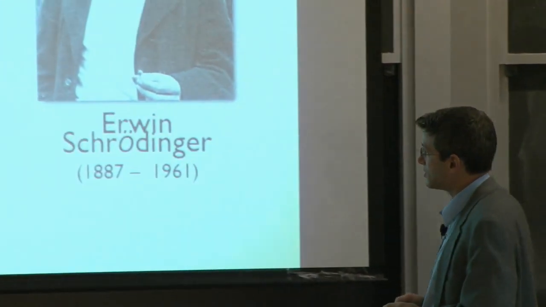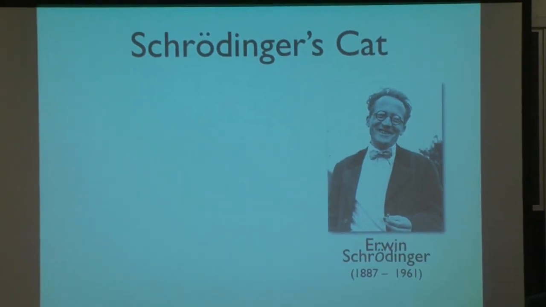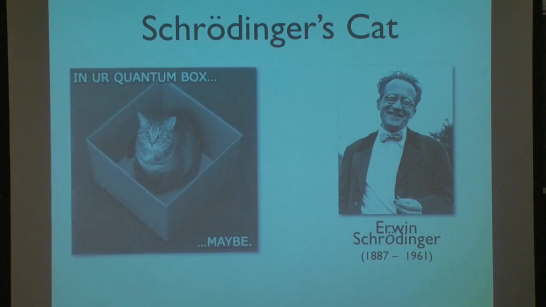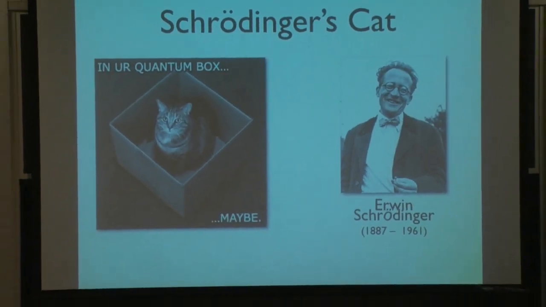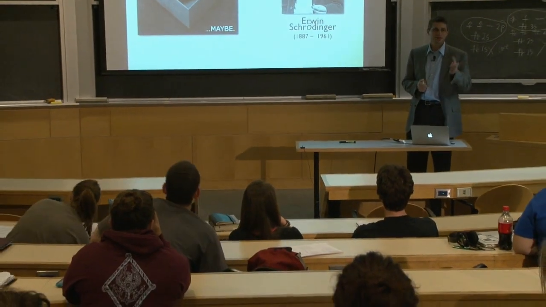So I've got to talk about Schrodinger's cat. How many of you know about Schrodinger's cat? Who can tell me what you do with this poor guy? Somebody who said they knew about Schrodinger's cat, what's the experiment? Yeah.